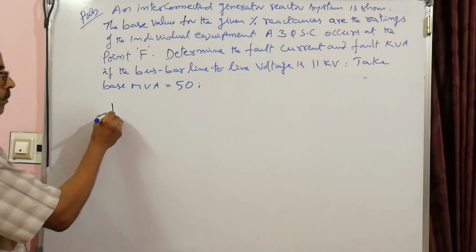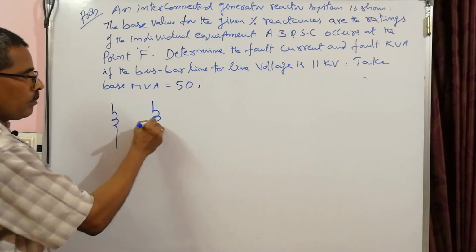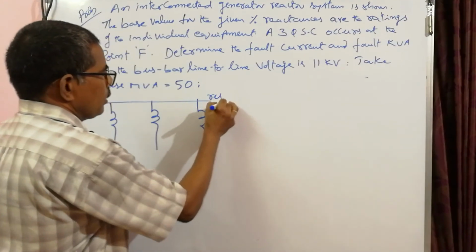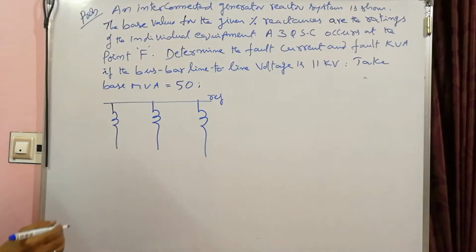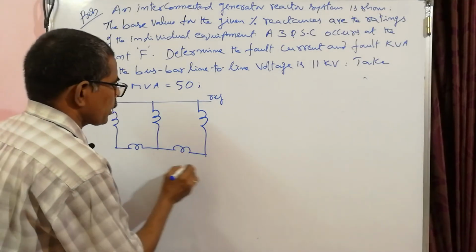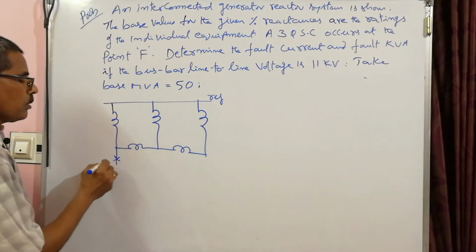So please see. These are the three generator values, and then X1, X2, new per unit values.